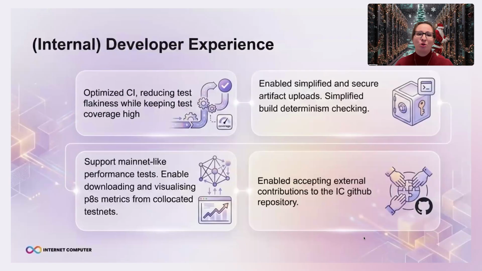The team also enabled simplified and secure artifact uploads and build determinism checking. So the community is actively involved in checking the releases, verifying them, and also verifying the builds. This tooling simplifies life, and we would like to thank the community for helping us with that.